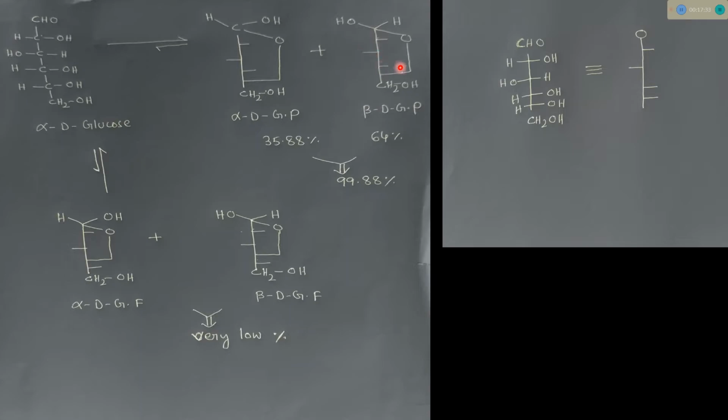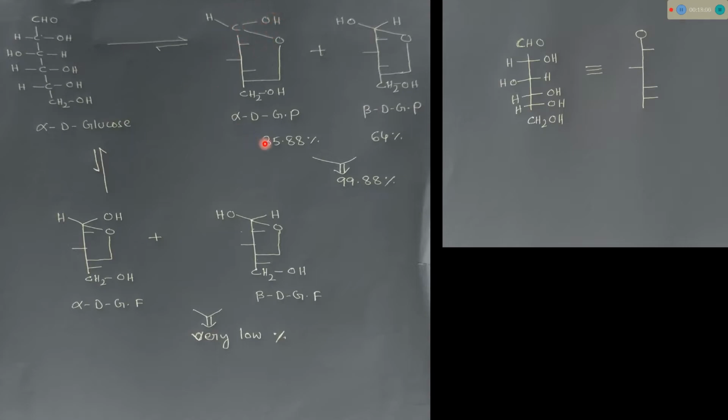This OH and this OH are 1,2 position but trans orientation. So only in alpha-D-glucopyranoside there is only one equivalent of 1,2-diol in cis manner. This is the 1,2-diol functionality, with this functionality acetone can react.